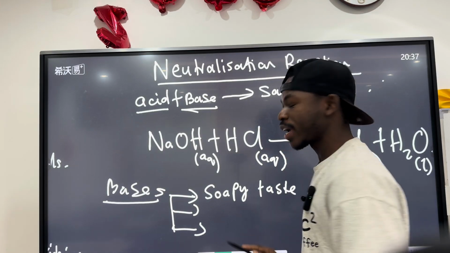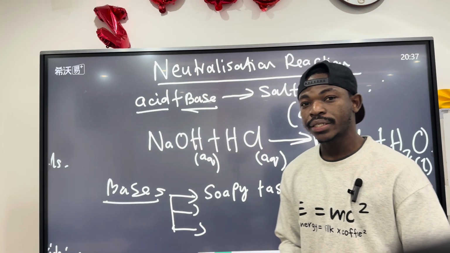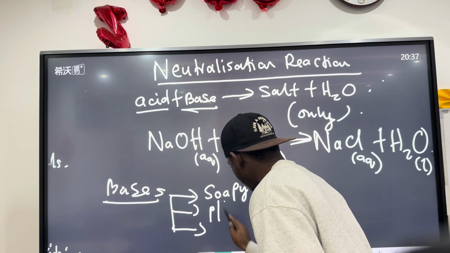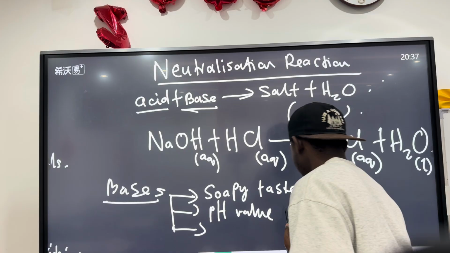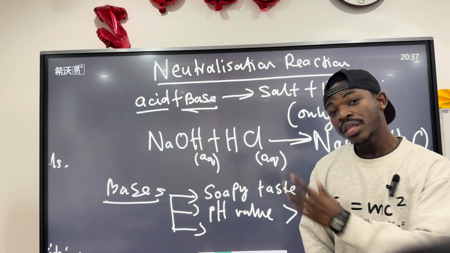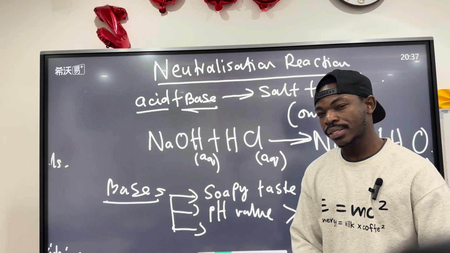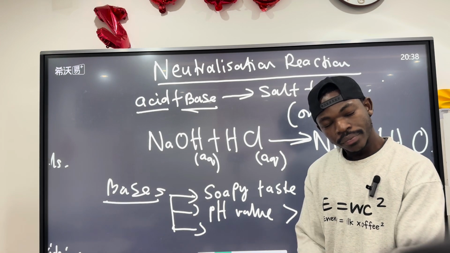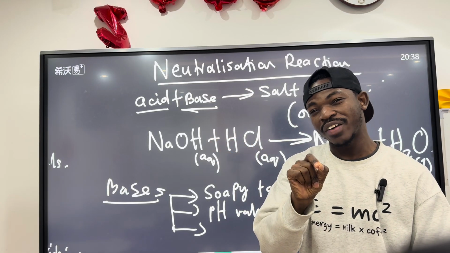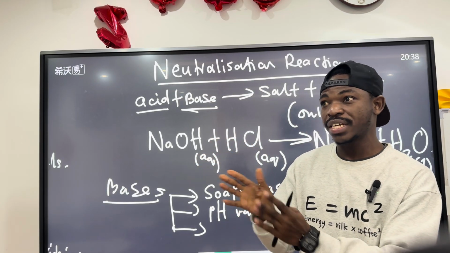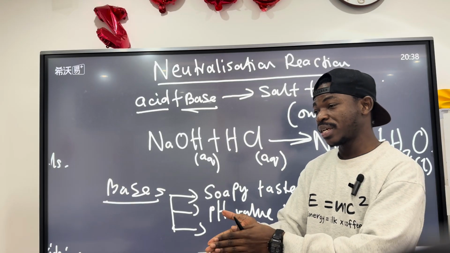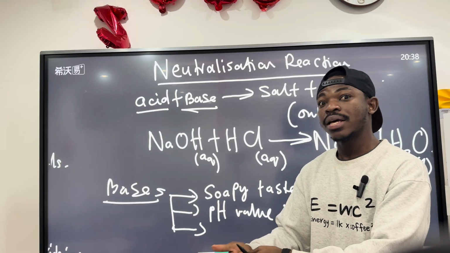Okay, what else? How about their pH? Their pH is more than 7, so they have a pH value that is greater than 7. The higher the pH value, the stronger the base. The lower the pH value, the weaker the base. Just like acids, you saw that acids with pH values like 1, 2 are strong acids, then acids with pH values like 3.5, 4, 5 are weak acids.